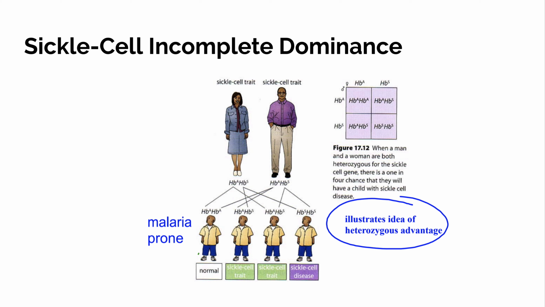And this is an interesting case because it shows what we call a heterozygous advantage, where the blending of the two traits through incomplete dominance actually creates an advantage for individuals who are heterozygous. They might be slightly anemic. It's slightly more difficult for the heterozygotes to absorb oxygen, but it's not really dangerous to them.